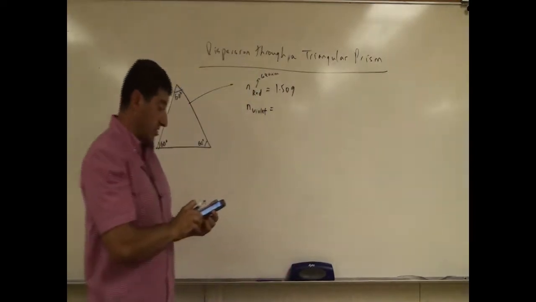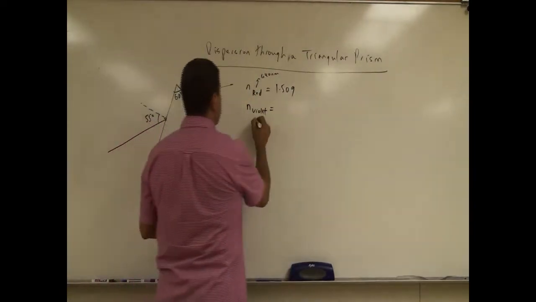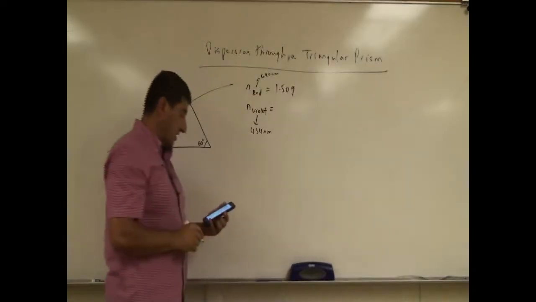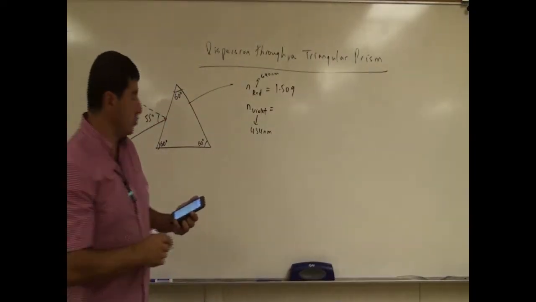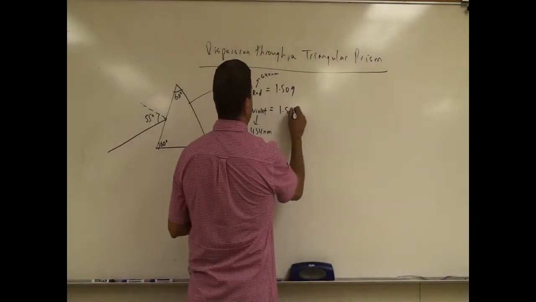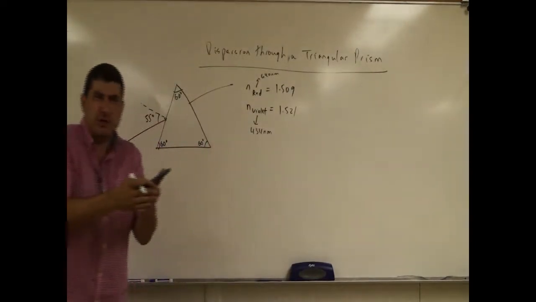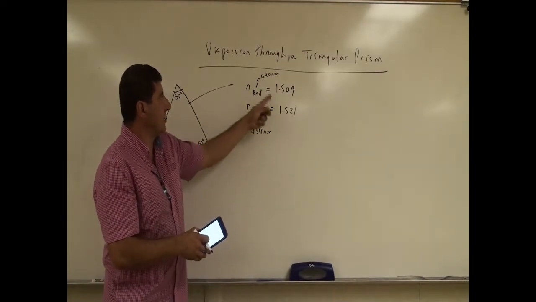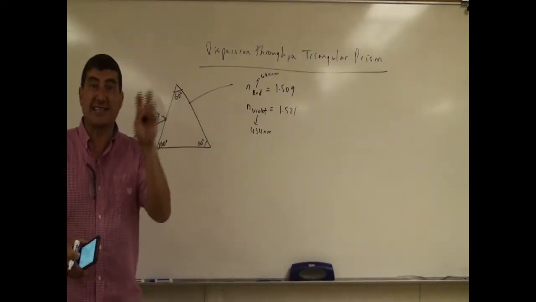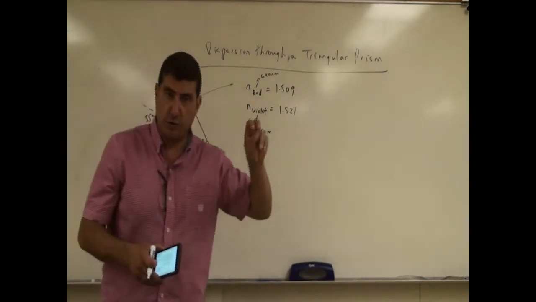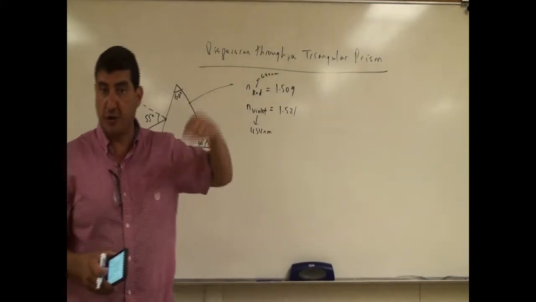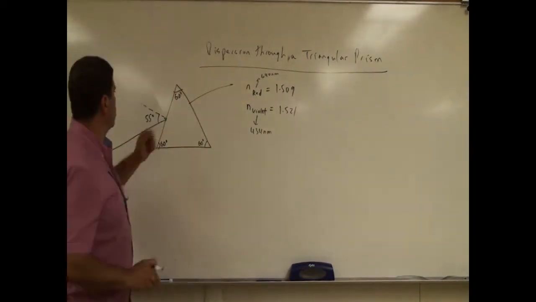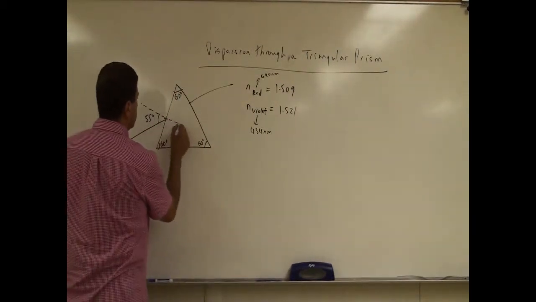And for violet of wavelength 434 nanometers, the index of refraction is going to be 1.521. So basically you get a spectrum depending on the wavelength of the light beam, right? So red will refract less, which means it will bend less when it goes from air to glass than violet does, right? So what would be the refraction angle of the red?